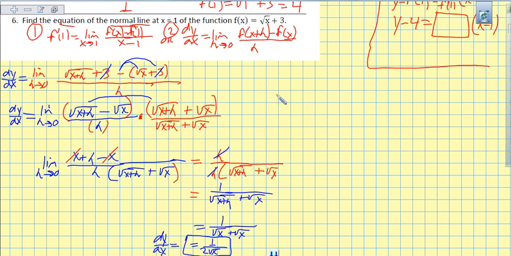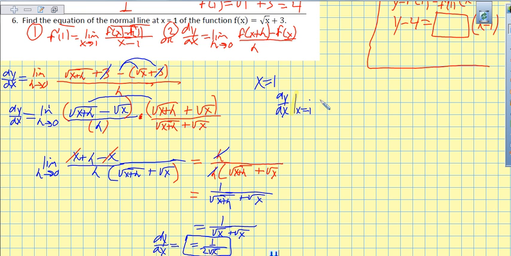And now we're going to simply plug in x equals 1 to our derivative. So we have dy dx, and we're going to evaluate it at x equals 1. This is something I didn't bring up earlier, but it's good to start looking at this notation. When you put that little bar beside that, that says this is the value of the derivative when you evaluate it at x equals 1.